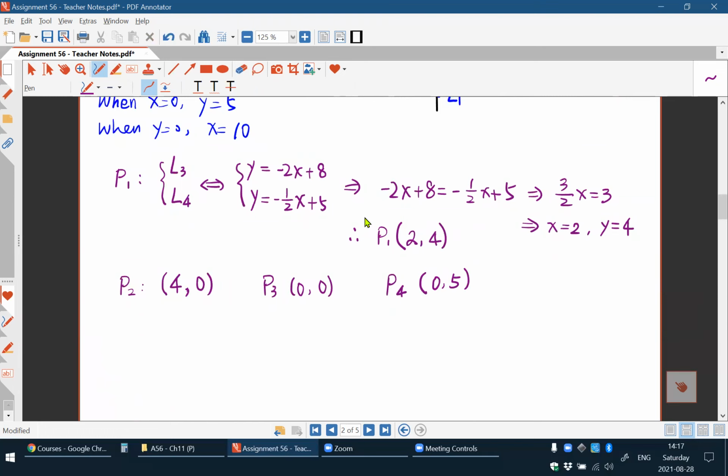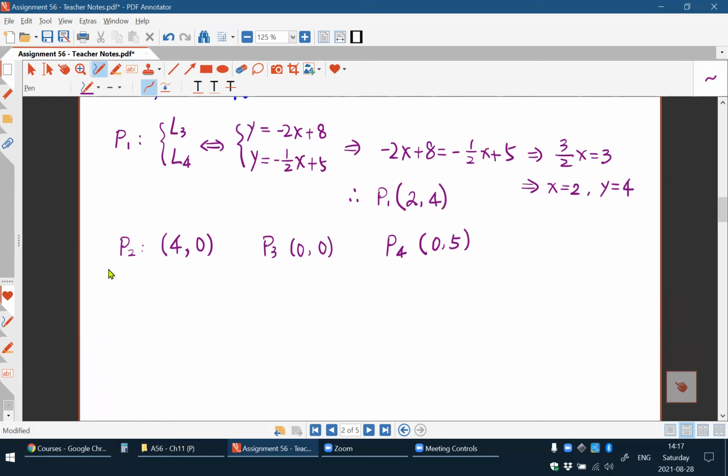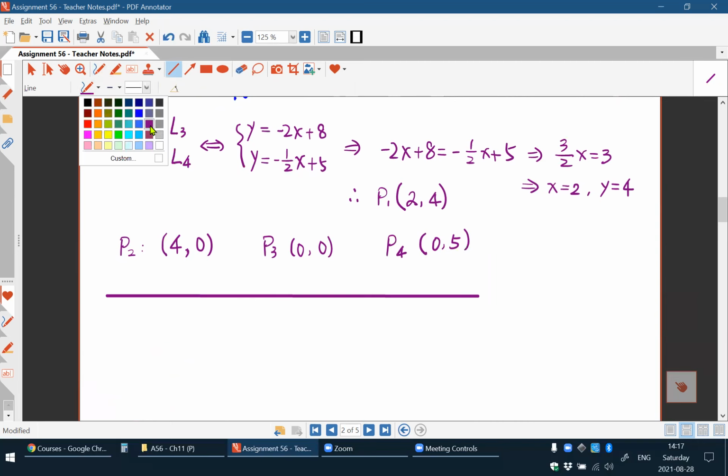Okay, so now we have all the coordinates required to calculate the target function. Then we can draw a table to compare the different values of the target function at different vertices. So the first column is usually the different vertices, and the second column is the target function, x plus y, right?